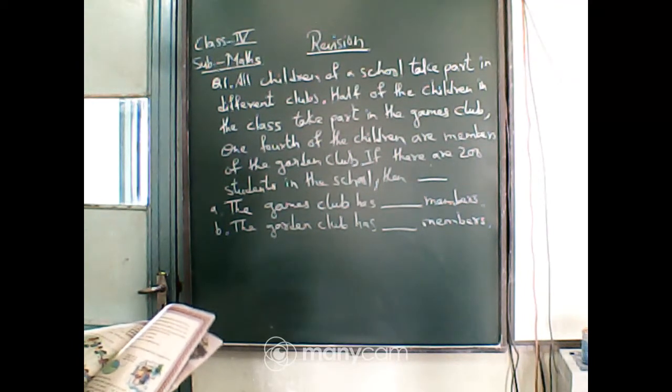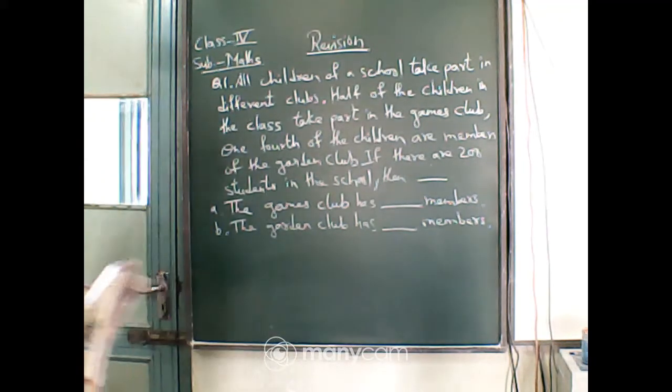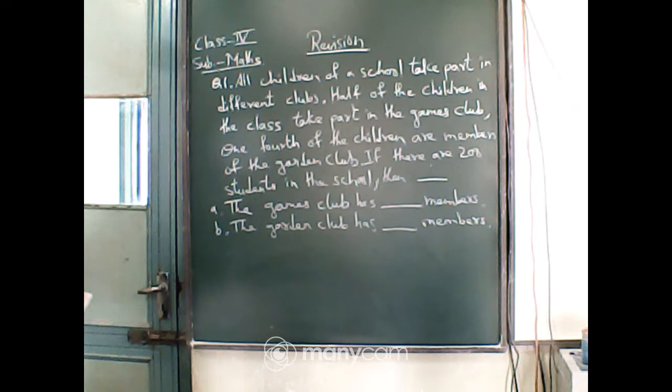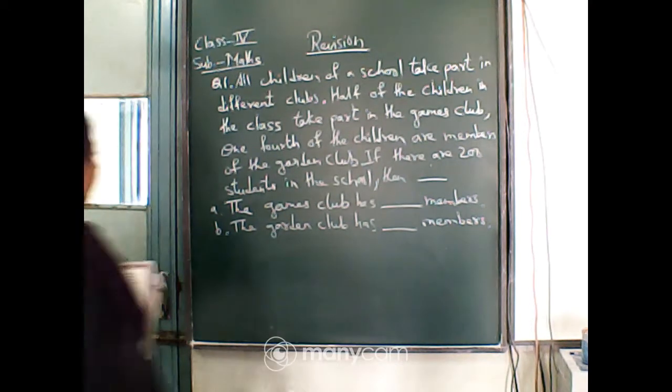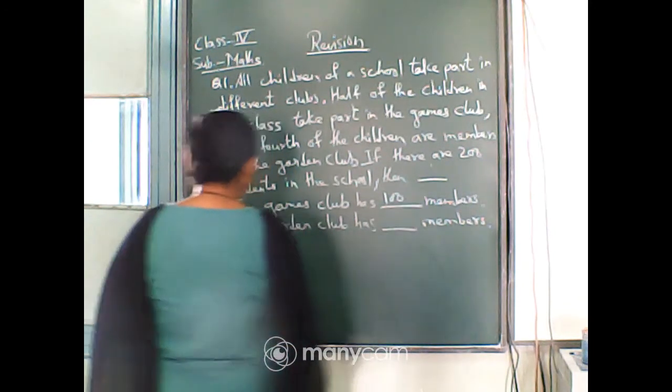As you know, half of the children are in the games club, that means half of 200 is 100, isn't it? So 100 members are in the games club.